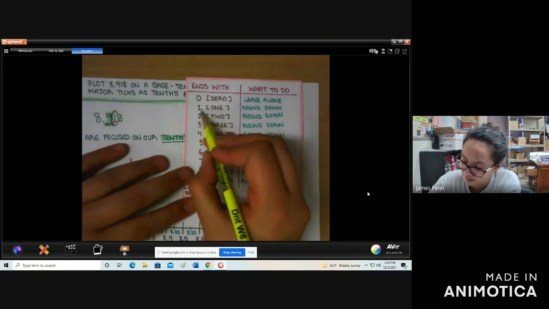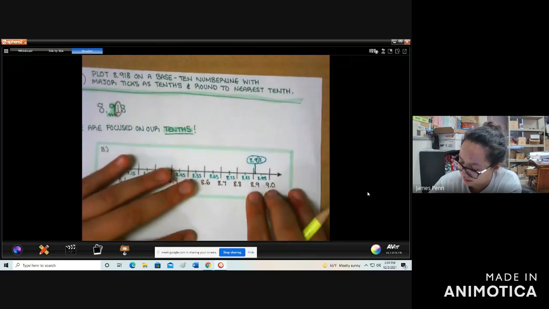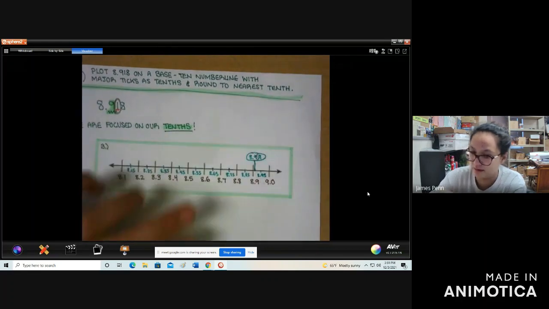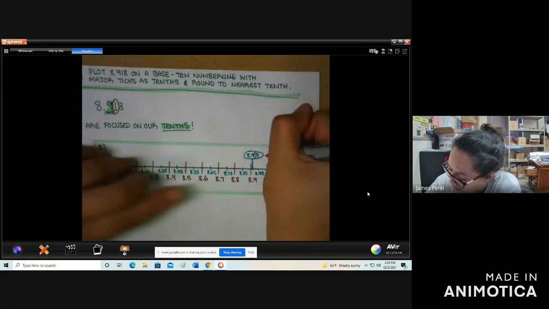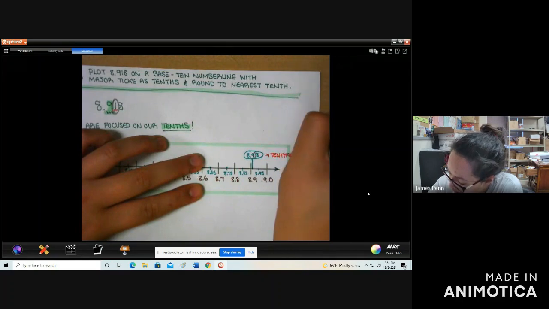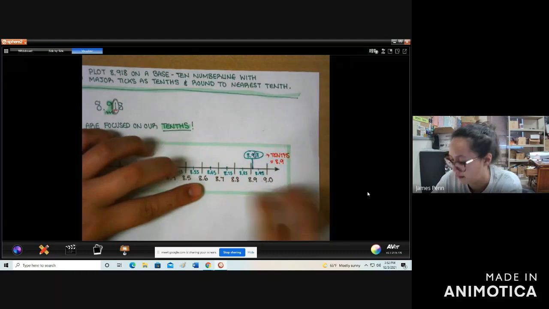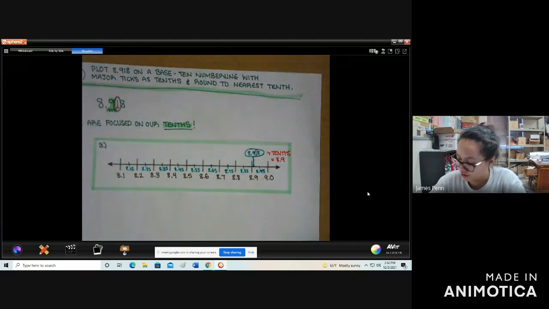If it ends with 1, it gets rounded down. So, in other words, 8.918 rounded to the tenths is equal to 8.9.